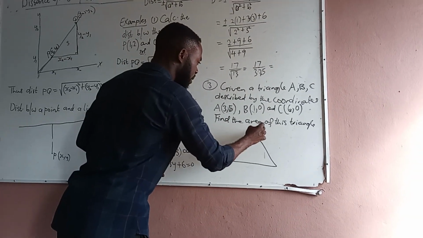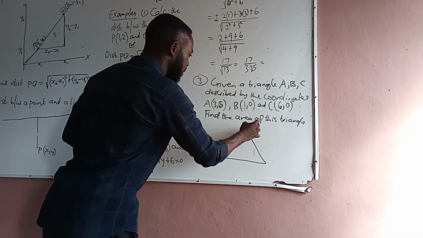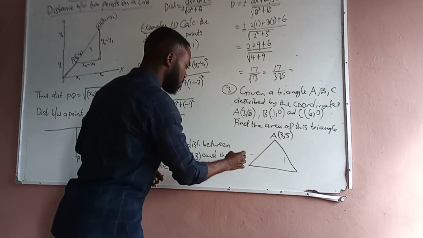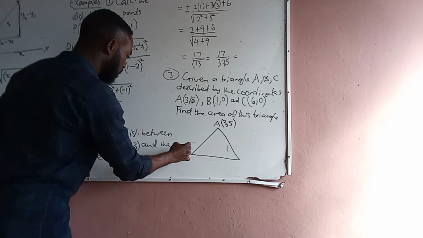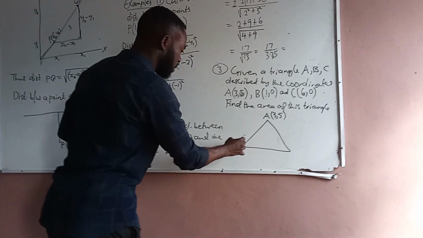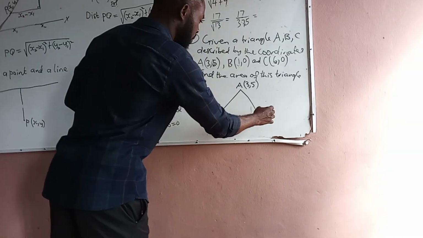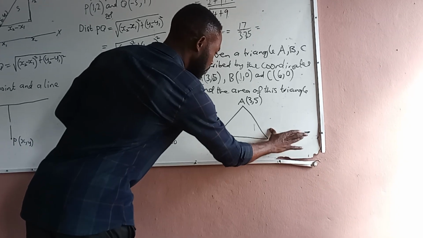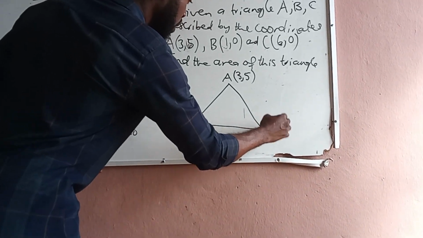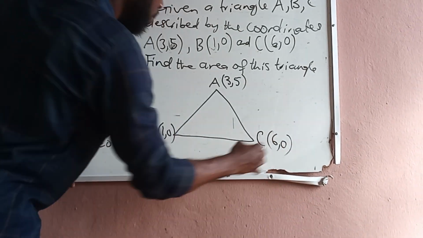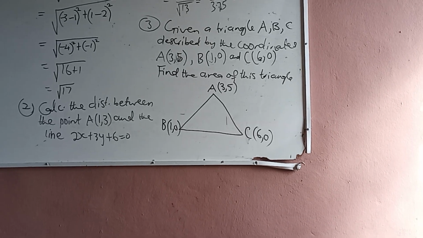A has coordinate 3, 5. B has coordinate 1, 0. And C has coordinate 6, 0. How do we find the area of this triangle?